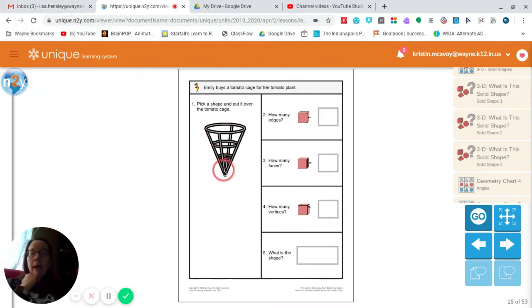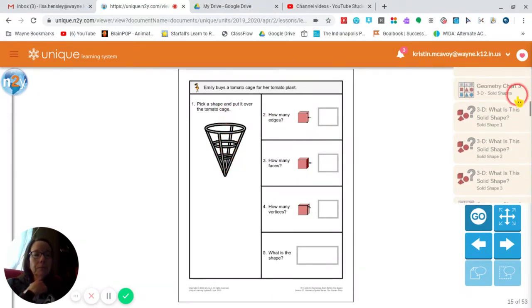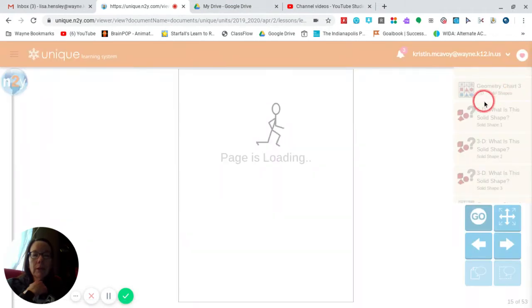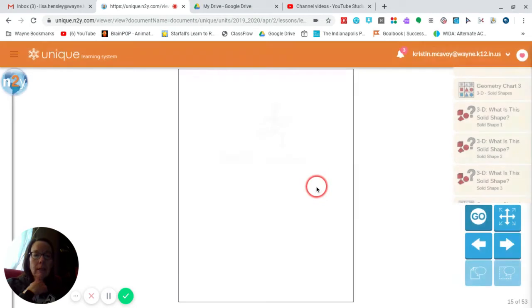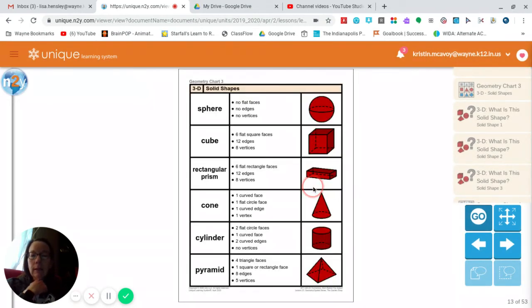So you can cut out that shape and put it over the top to help you know what shape this is. And then you look at how many edges does this shape have? So you can refer to this chart to help you. And you find a shape that looks like that. And you think, how many edges does it have?